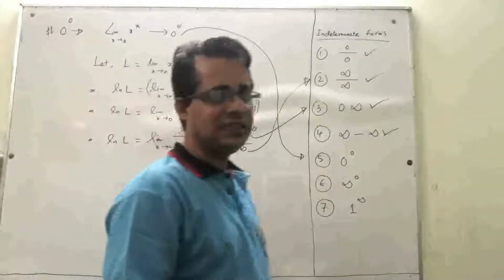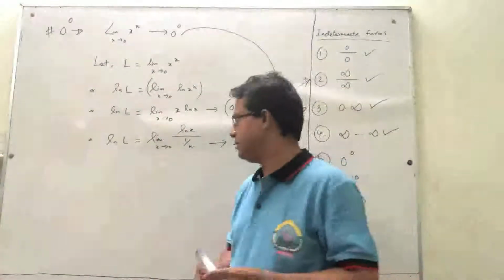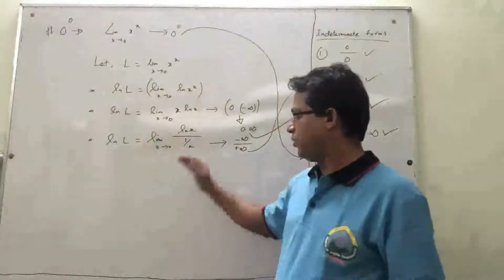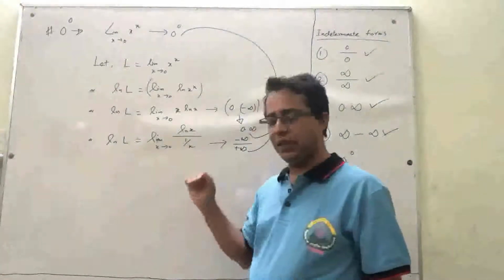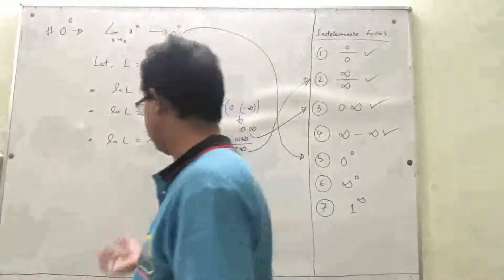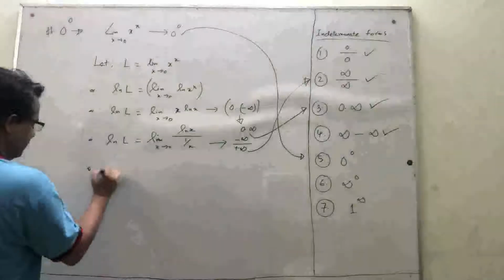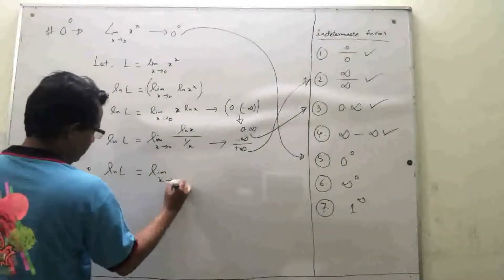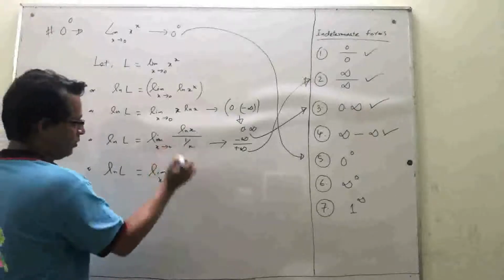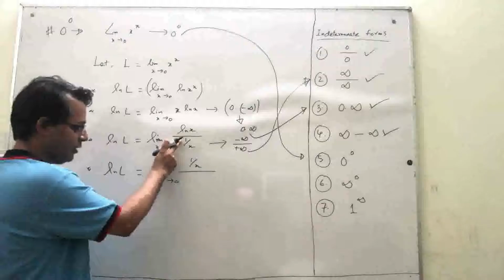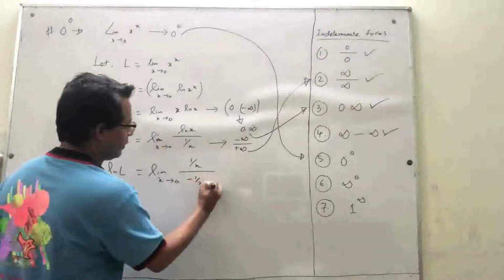Now, if we want to remove this form from this limit, let us follow L'Hospital's rule and see what happens. Ln L equal to, by L'Hospital's rule, differentiation of ln x equal to 1 by x, and differentiation of 1 by x is minus 1 by x square.